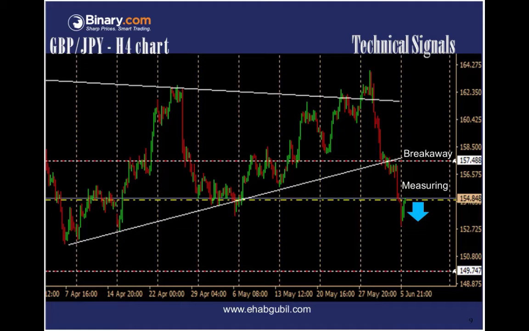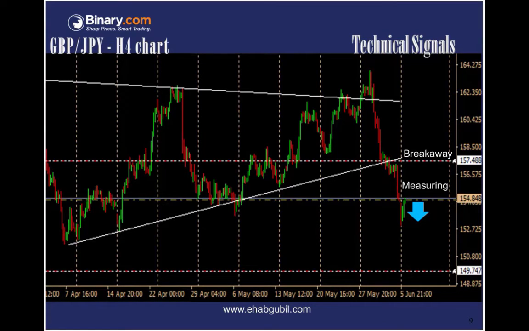I have here some technical signals. Start with this signal on this chart, pound yen, 4-hour chart. We can see here the market broke the support level downwards and made what I call a measuring candle, that measures the distance from the last top, and I expect the market to move the same distance.